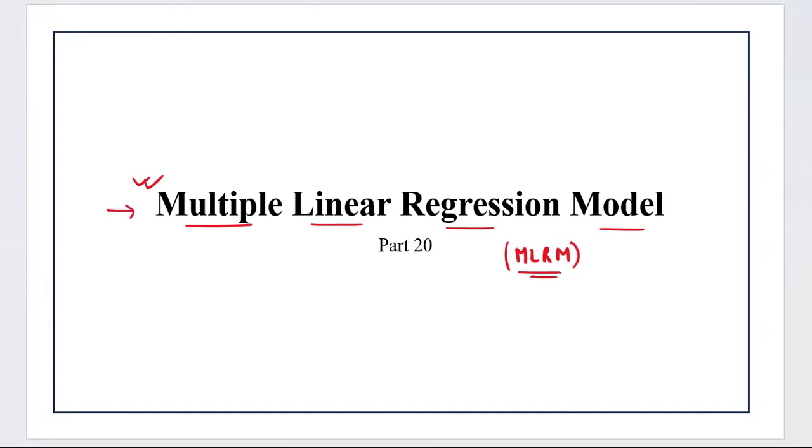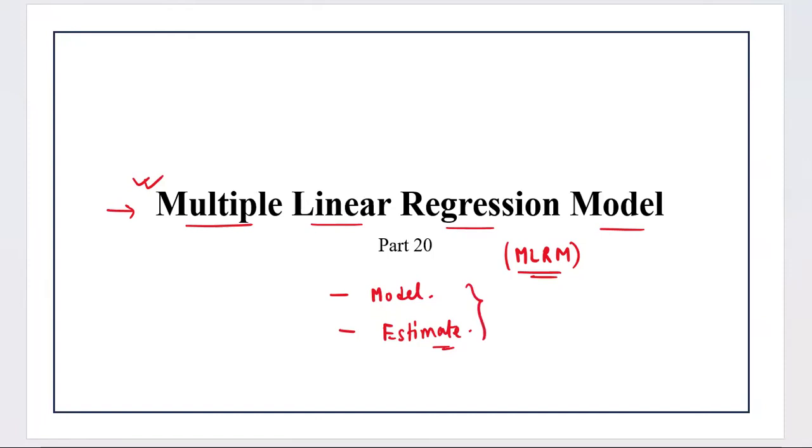In today's video, we will be talking about what the model looks like, what elements are there in the model, and also how to estimate that model. We will use our same old technique, the ordinary least squares method, to estimate the multiple linear regression model, and we will see what the estimated values of the parameters are, the slope parameters and the intercept parameter.